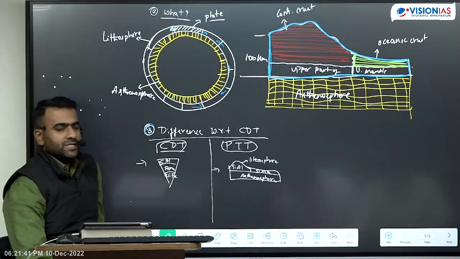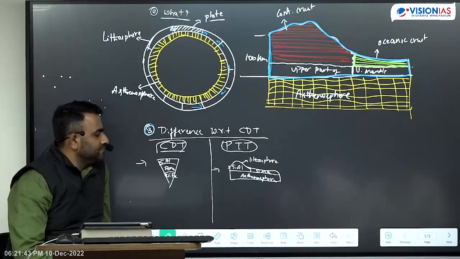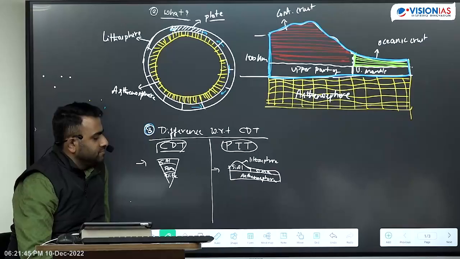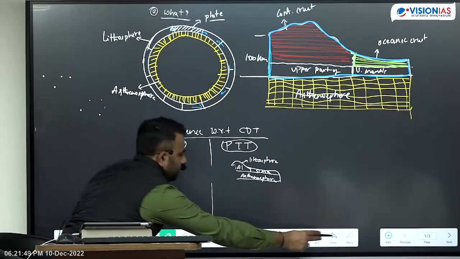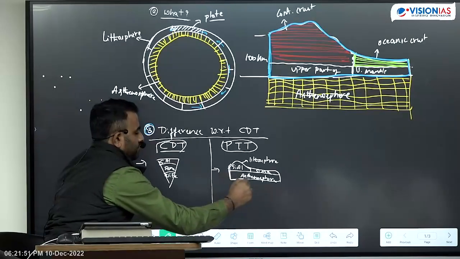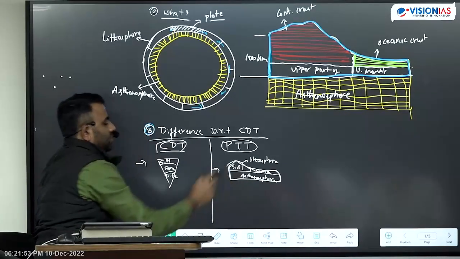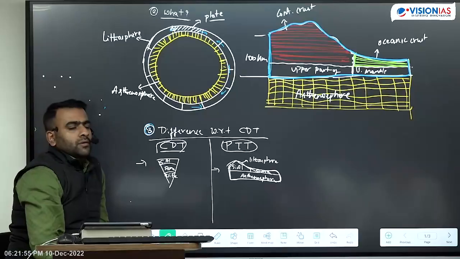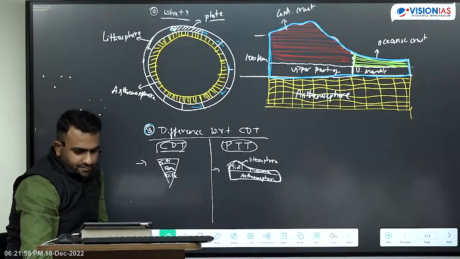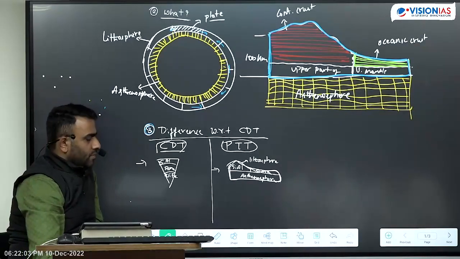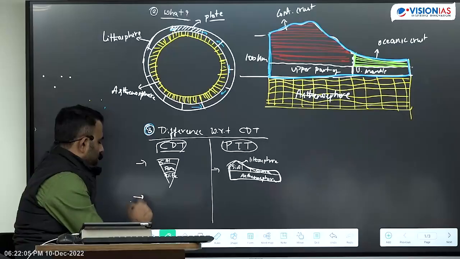Part of the lithosphere is plate. This entire unit is lithosphere. In this case, this single part is called a plate. Okay, this is the way it is imagined.